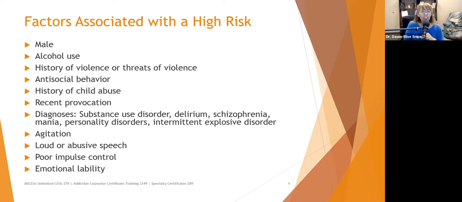If they have a diagnosis of a substance use disorder, schizophrenia, personality disorders, mania, or intermittent explosive disorder, they may be at higher risk. If they are currently agitated, using loud or abusive speech, indicating poor impulse control, or demonstrating emotional lability, then they are likely at higher risk for dangerous behavior.